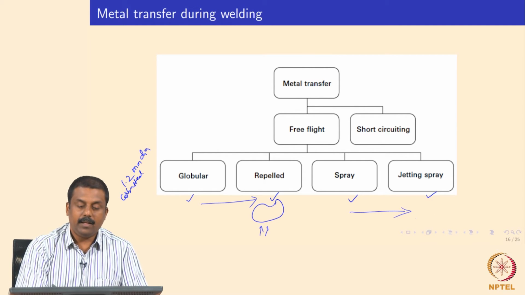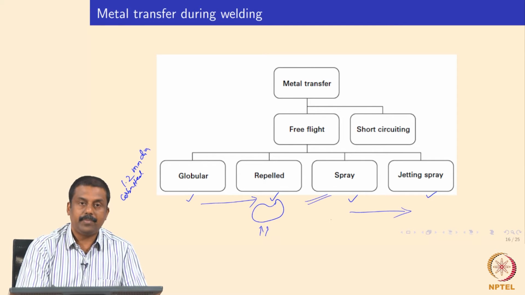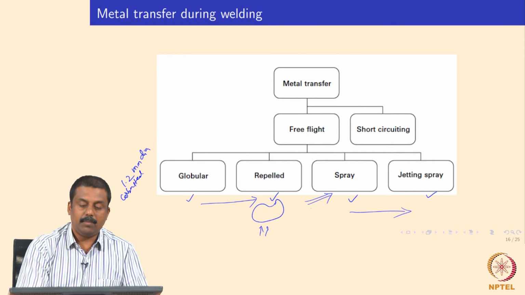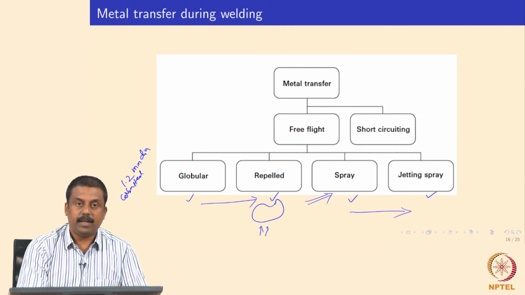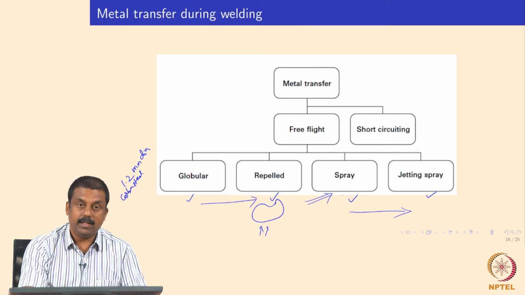But for welding applications, in most cases, the most preferred transfer mode is the spray mode, just above the transition between the repelled and the spray, so that we can transfer the droplet continuously, with a diameter similar to your electrode or filler wire, and that transfer is most preferred.